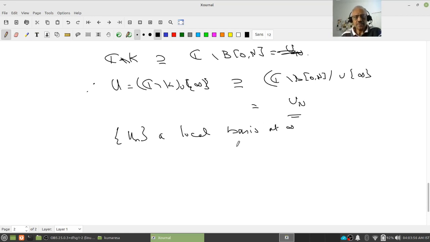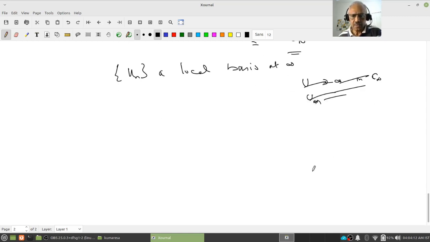So what is the use of that? See, whenever I want to say let U be an open set containing infinity in C infinity, I can as well consider this some Un for some n. And all topology analysis can be done using this, the way you use it in a metric space. See, in a metric space, even though you have topology, it's easier to use open balls.